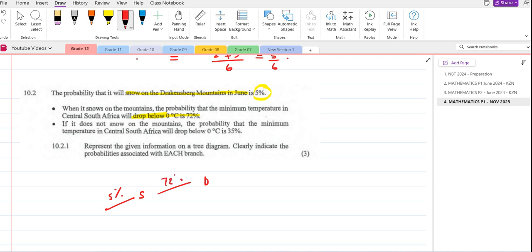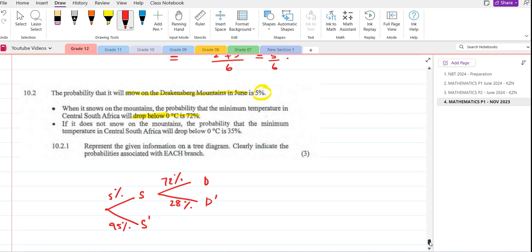And if it does not drop below zero, then it's 28%, right? It snows and it does not snow, right? 95% does not snow. Next one.